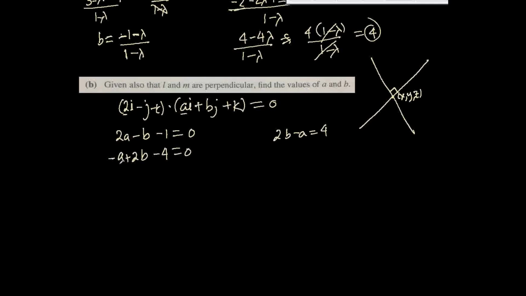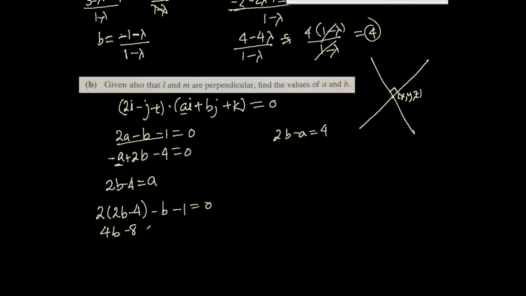Nope. So let's do this: I'll bring a to the right side. So 2b minus 4 is equal to a. That's what we can write. And substitute that in the first equation. 2 times a is now 2 times (2b minus 4). I'm using substitution. Minus b minus 1 equal to 0.